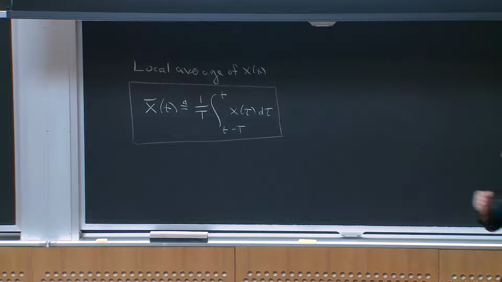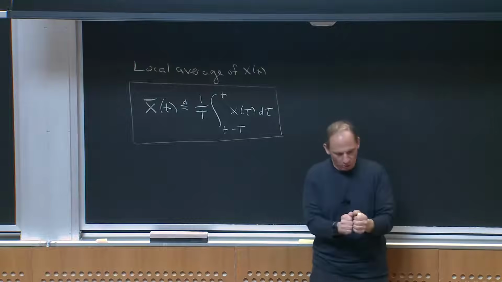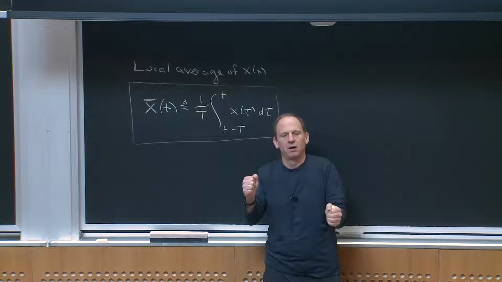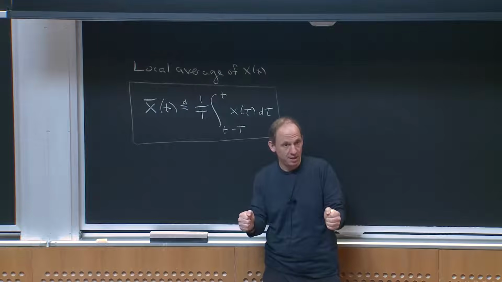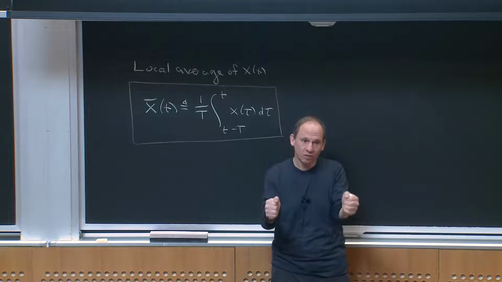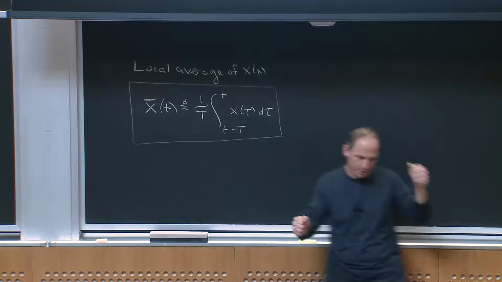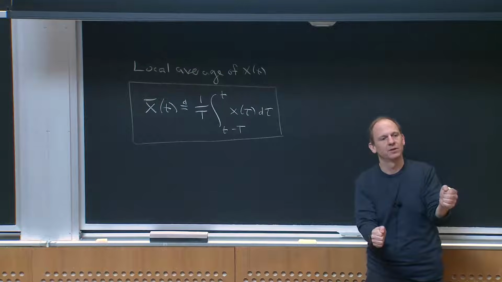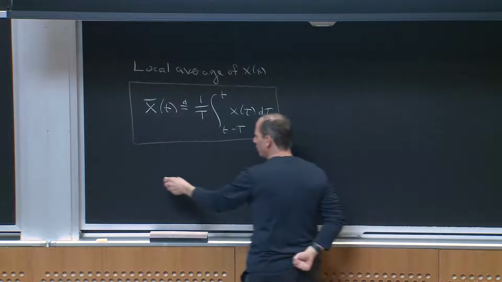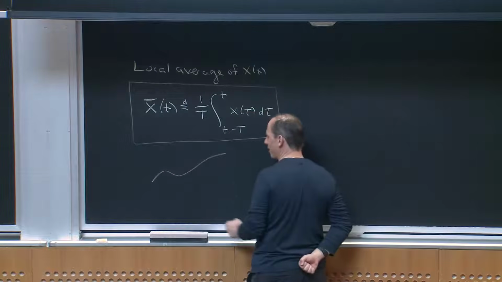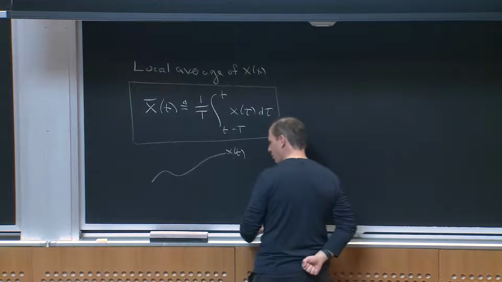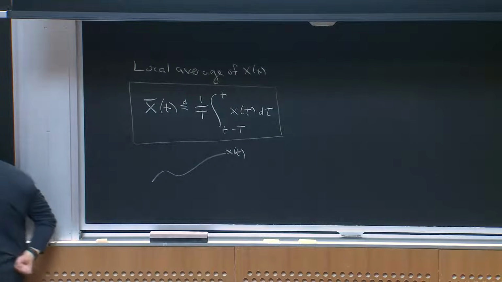So if I'm at my signal time right now, at time t, what I'm going to do is look back over one capital T and take the average of the waveform just over that time. And then if I'm at another time, I'll look back and I'll take the average over that time, okay? So if I had some time varying waveform x of t, right? And I said, okay, here's T1.